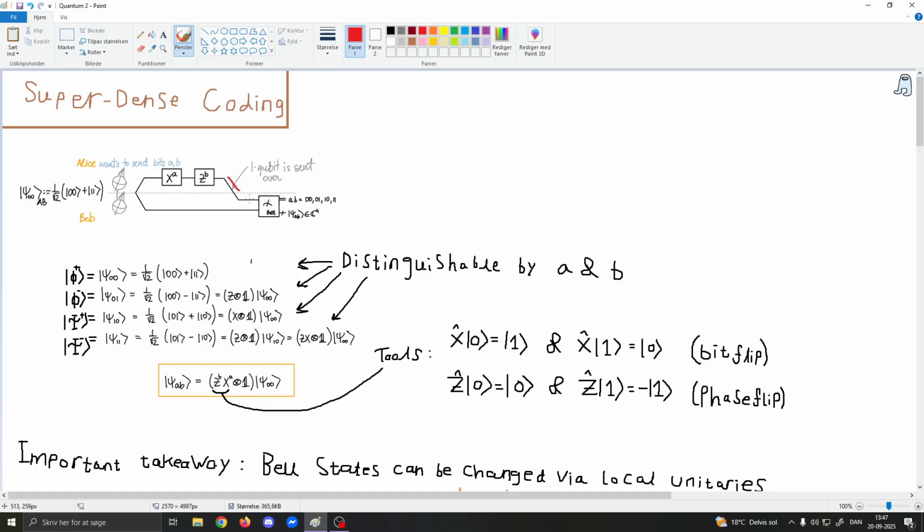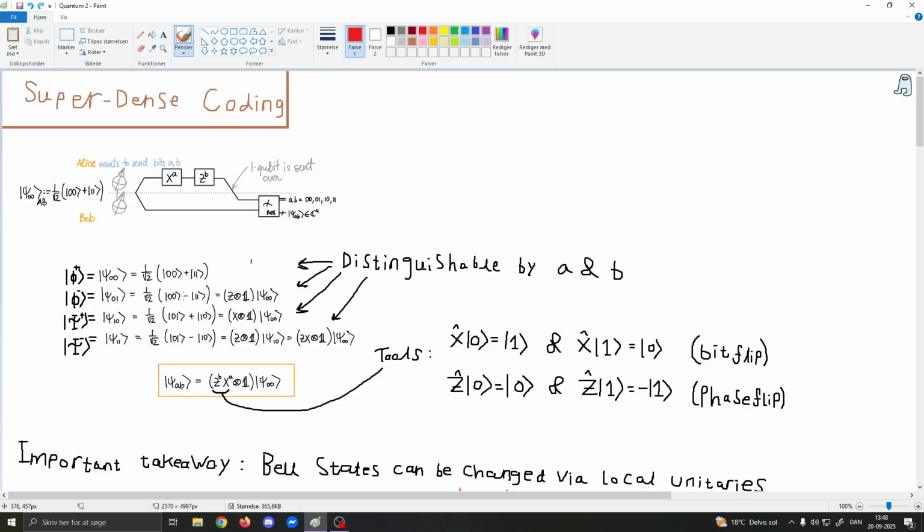Now, Bob has both the qubits which are entangled. He performs a very unique type of measurement called a Bell basis measurement, meaning he doesn't measure in the computational basis, he measures in the Bell basis. This destroys the entanglement, but it does retrieve the information.